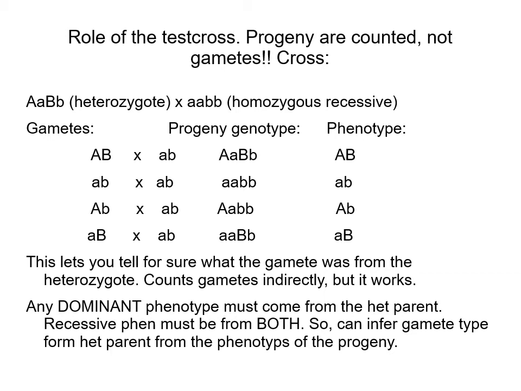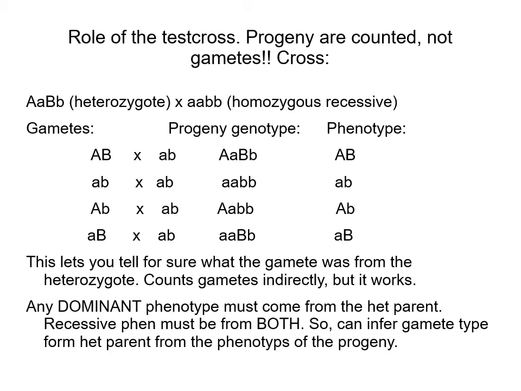to get our recombination frequency, or genetic distance. So visualizing this, your heterozygote makes 4 gamete types in equal frequency: big A, big B; little a, little b; big A, little b; little a, big B. And in order to visualize, identify, look at the actual gamete, what you have to do is make a progeny. And when you cross times the homozygous recessive, you know exactly what alleles were contributed by that homozygous recessive.